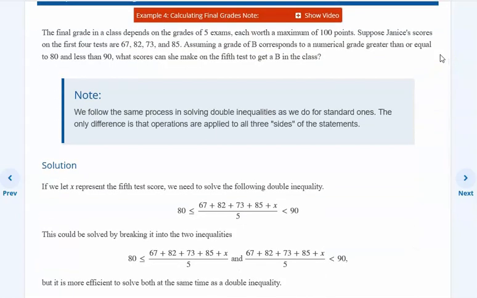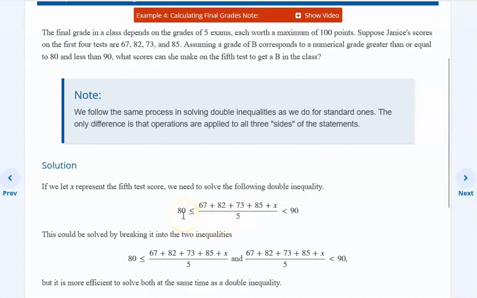Now, a person is doing this exam. There are going to be 5 exams. They have these scores so far, and there's going to be a 5th score that's unknown, so we'll use the x. And to get the average of these, I have to divide it by the number of items, which is 5.